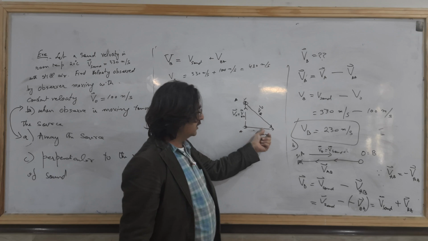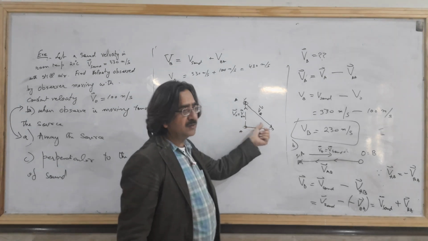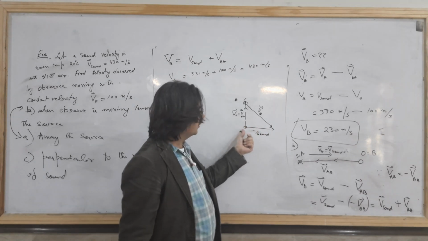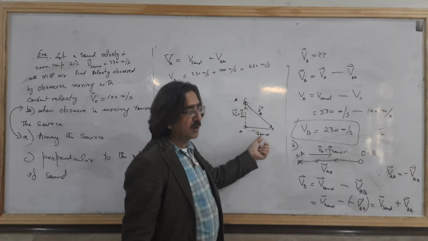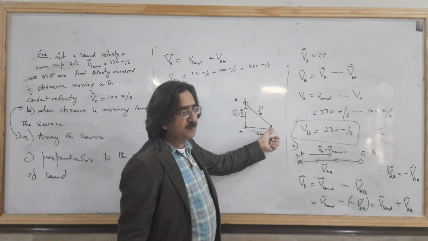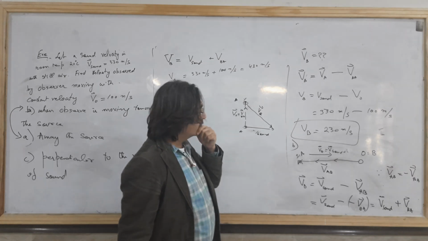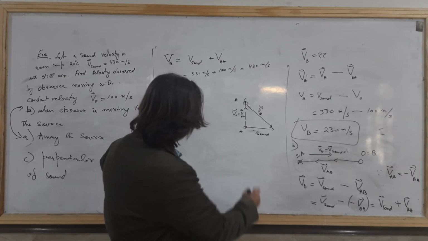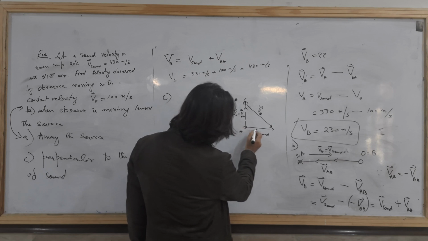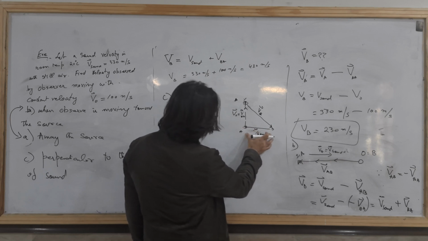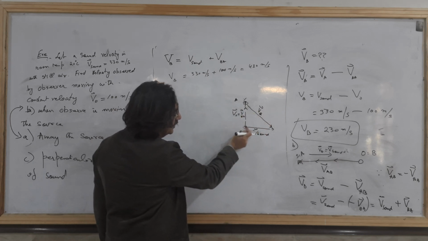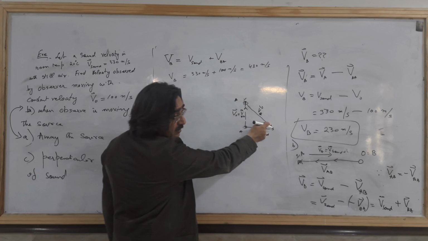Even though this is not exactly at the A position, when we add the vectors we may change the position. So when this is VB and V sound, then this observer will observe this velocity. According to the head and tail rule, V sound will be the resultant of this and this, because tail is joining with tail and head is joining with head.